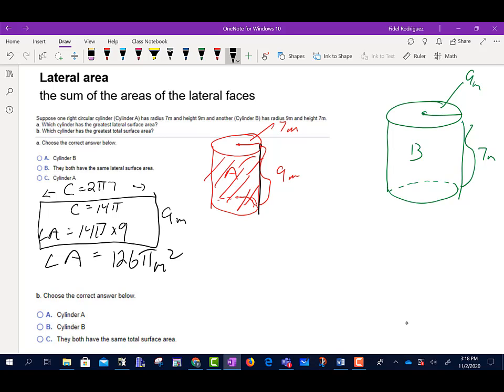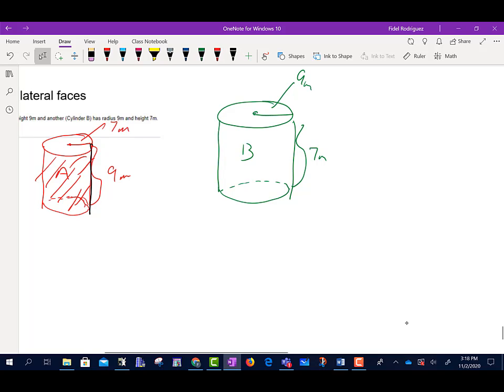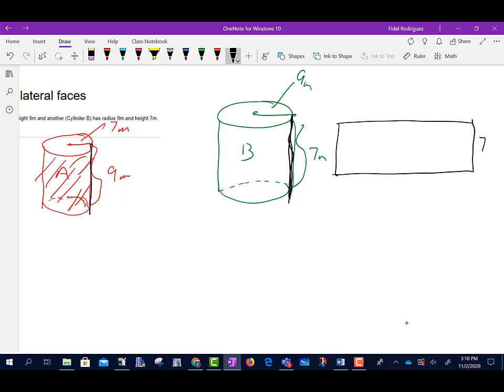Now let's do the same thing for the green one. I'm going to take a pair of shears or scissors, something to cut this open, and see what this looks like. This is still going to be 7. The circumference is 2 pi times 9, which is 18 pi.